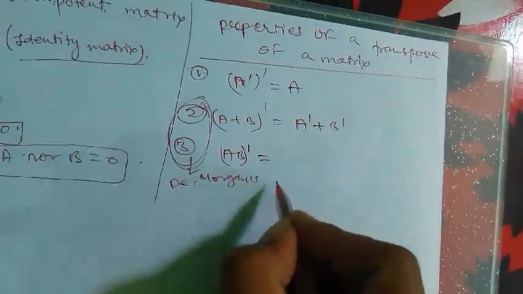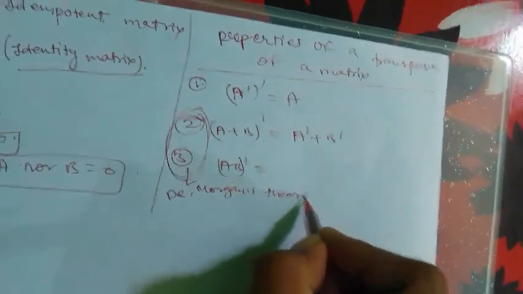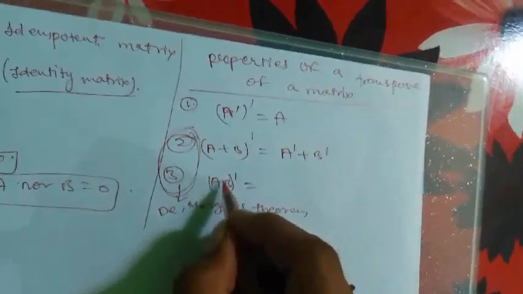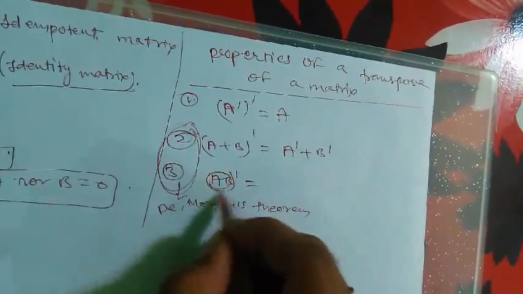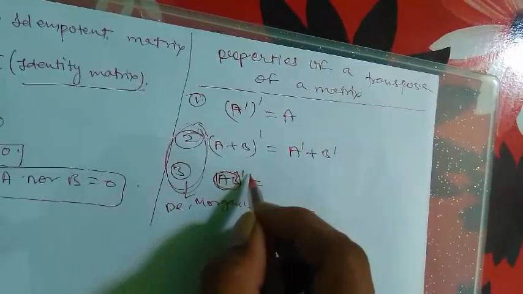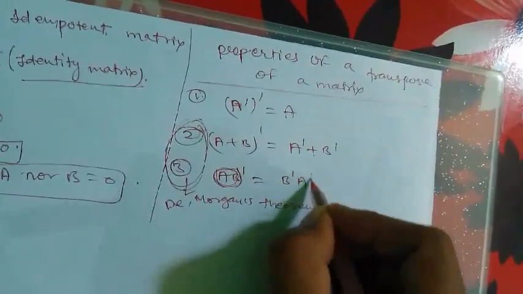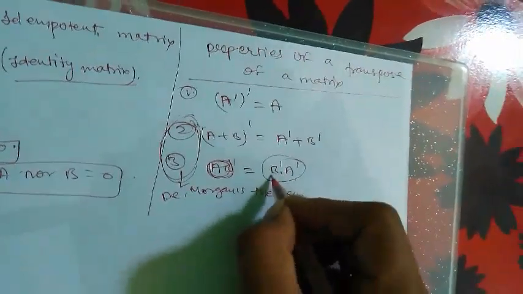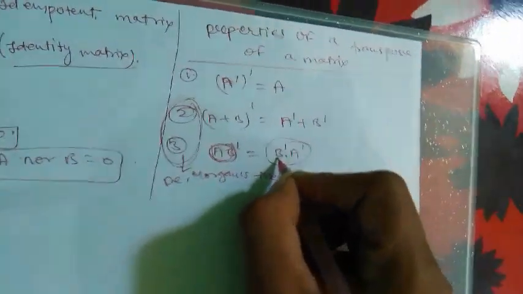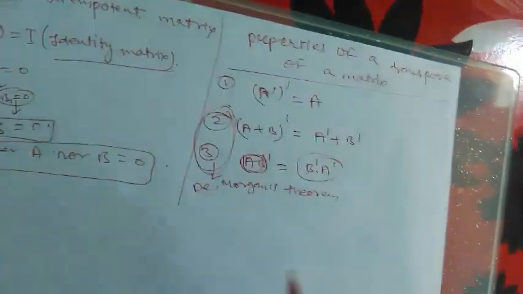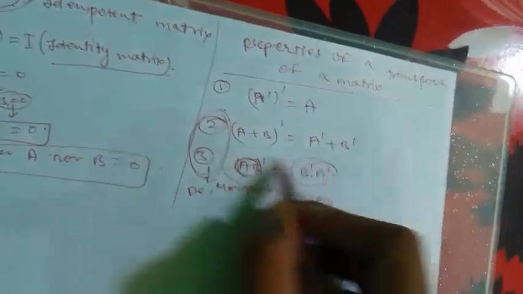When you multiply A into B, two matrices, and take the transpose of them, you will find B transpose into A transpose, that is, individually you do the transpose of B and A, then multiply B into A, and then you satisfy the conditions.